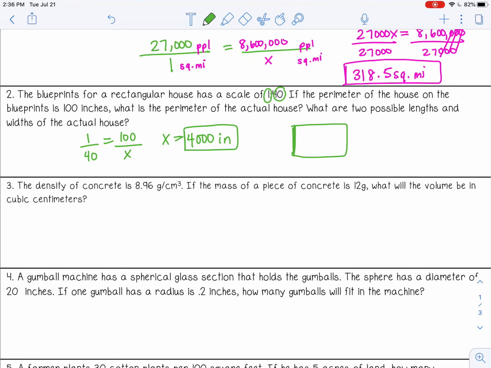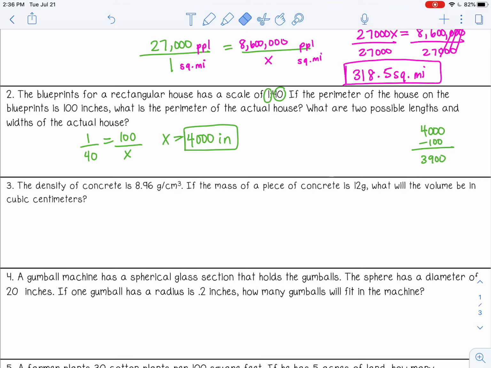I'm just going to pick a random number here, 100 and 100. All right, so that would give me 3,900 left, and then divide it by 2, which is 1950 and 1950, which I'm going to rewrite those because that doesn't look like my picture.